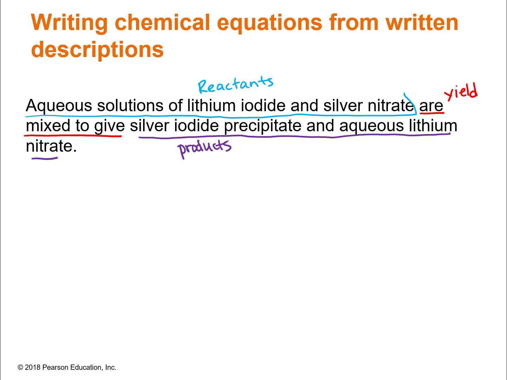So with that information in hand, I'll give you 2 minutes to try to write out the chemical equation from the written description. That means you're going to need the Chapter 6 knowledge of reading the name and writing the chemical formula. So 2 minutes, and then I'll write it out.